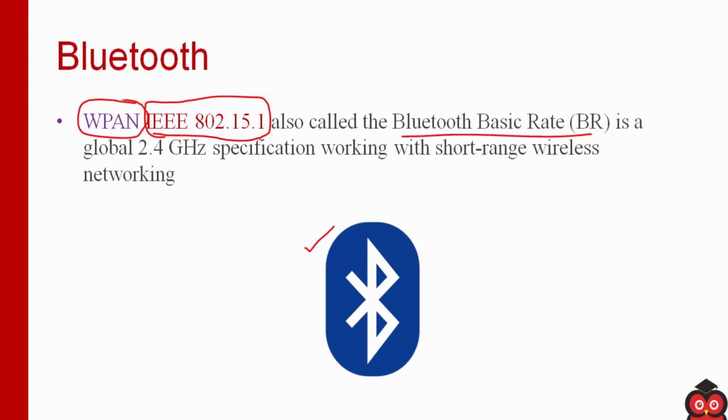The range of Bluetooth is short, so it can be used as a wireless personal area network technology, and it uses the 2.4 GHz frequency for transmitting and receiving data.